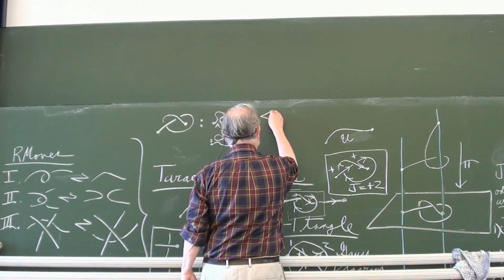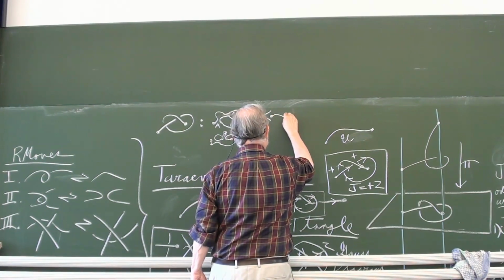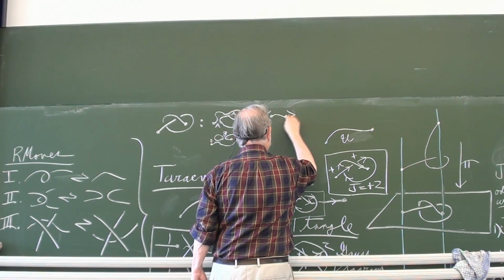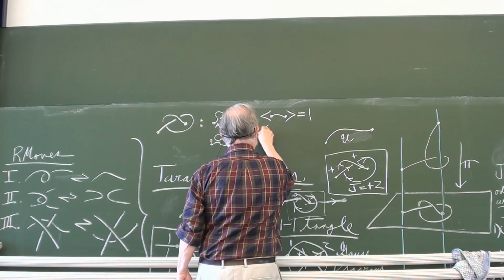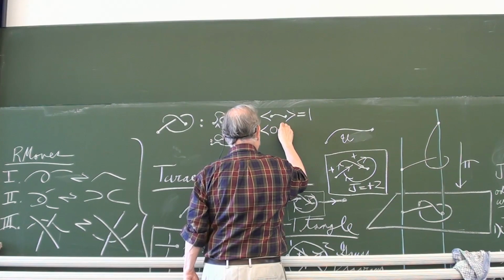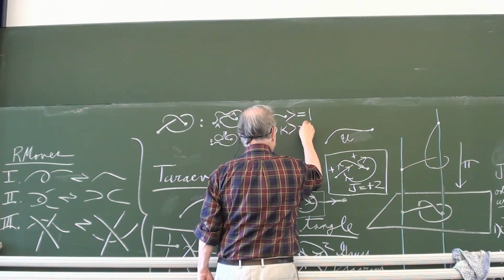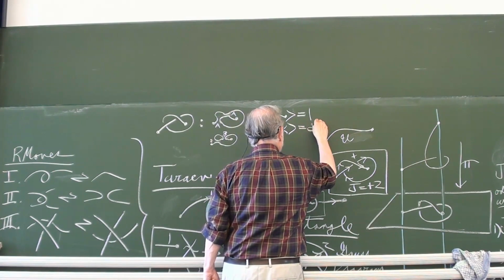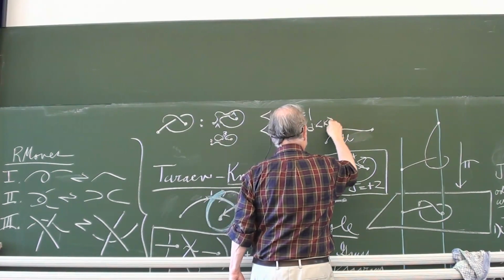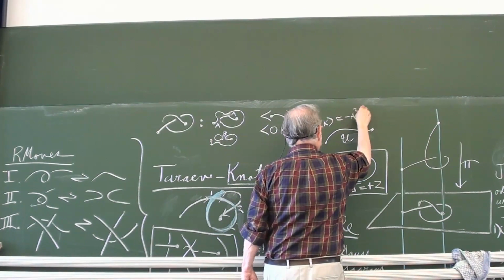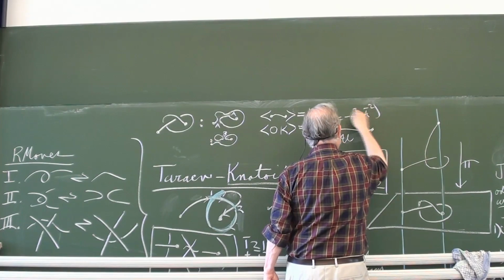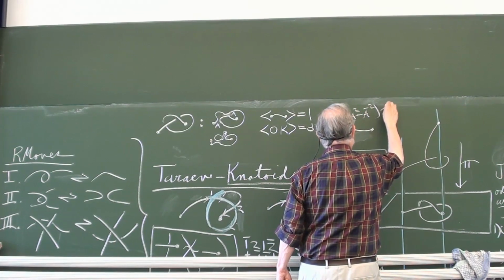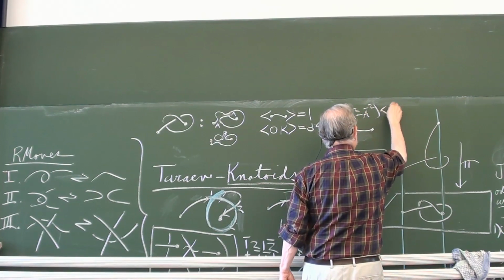I'll make the following choice, that the value of the long segment is equal to 1, and that the value of a loop next to anything is equal to the usual d times that thing, which is equal to minus a squared minus a to the minus 2 times the value of that thing.